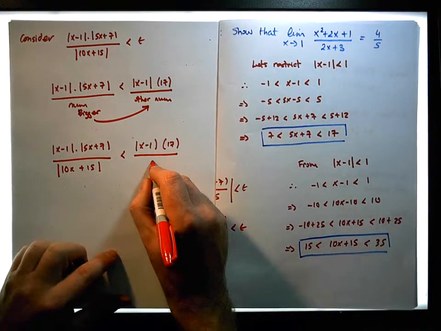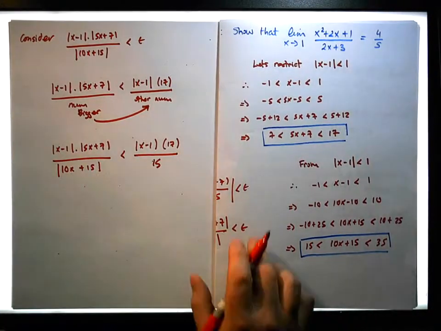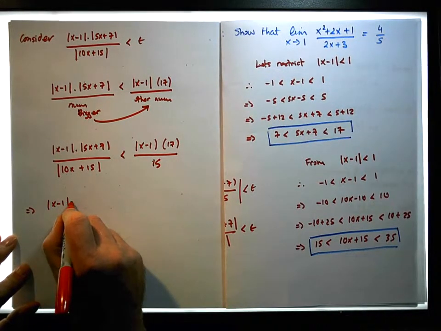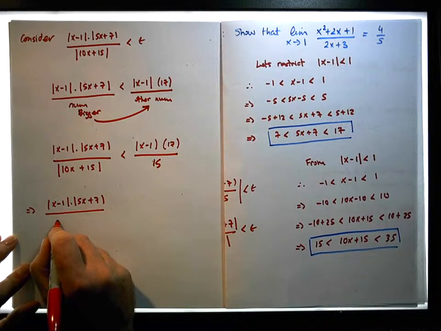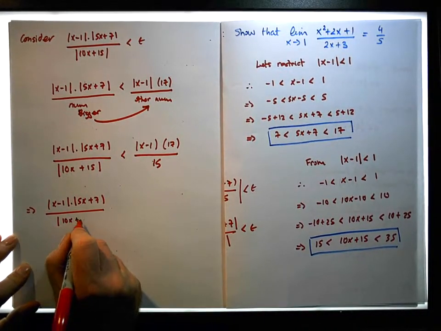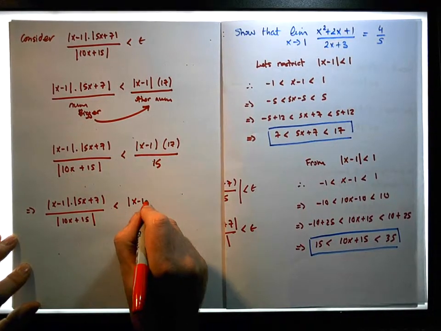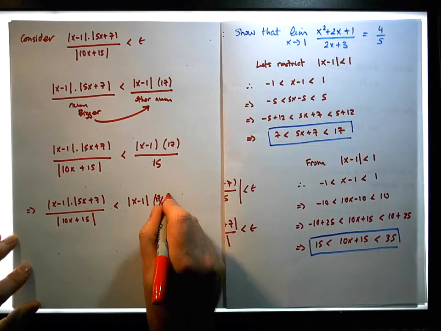So if I divide by 15, I'll end up with a bigger number over here than I will over here. So really what we have now is this implies that |x minus 1| times |5x plus 7| divided by |10x plus 15| is less than |x minus 1| times 17/15.